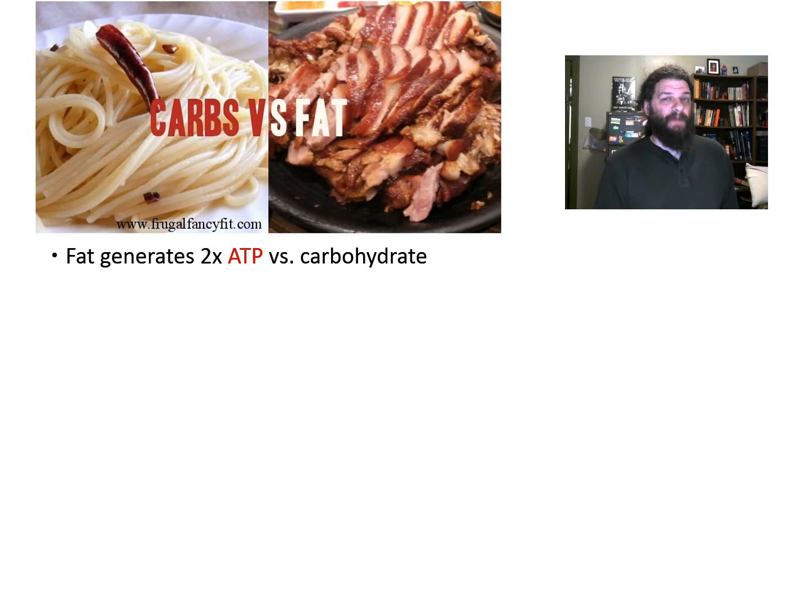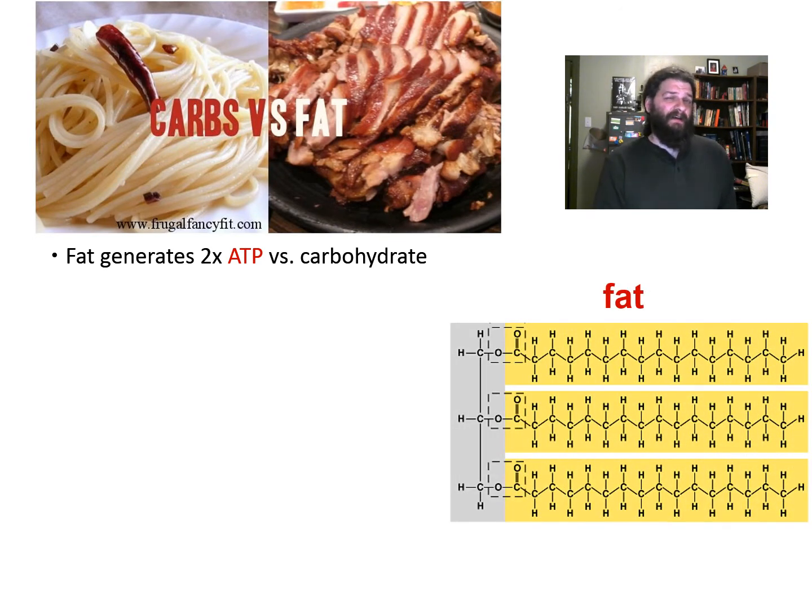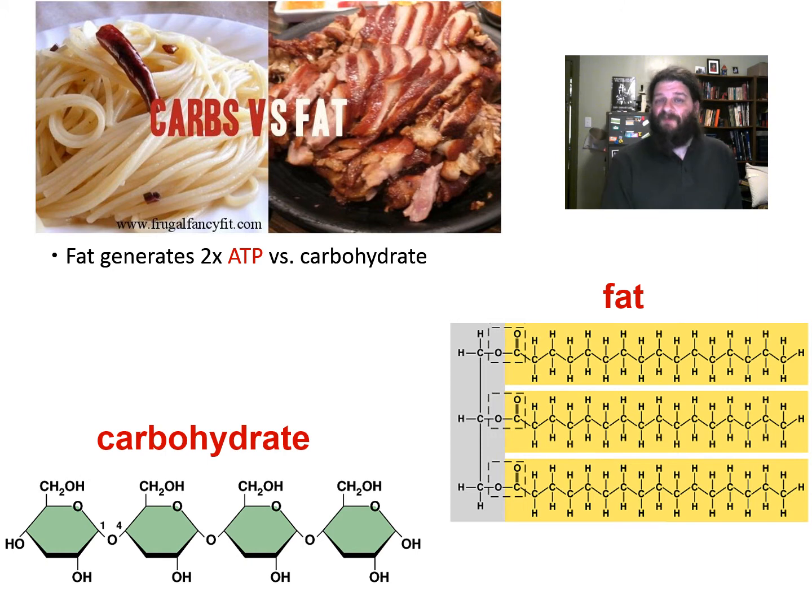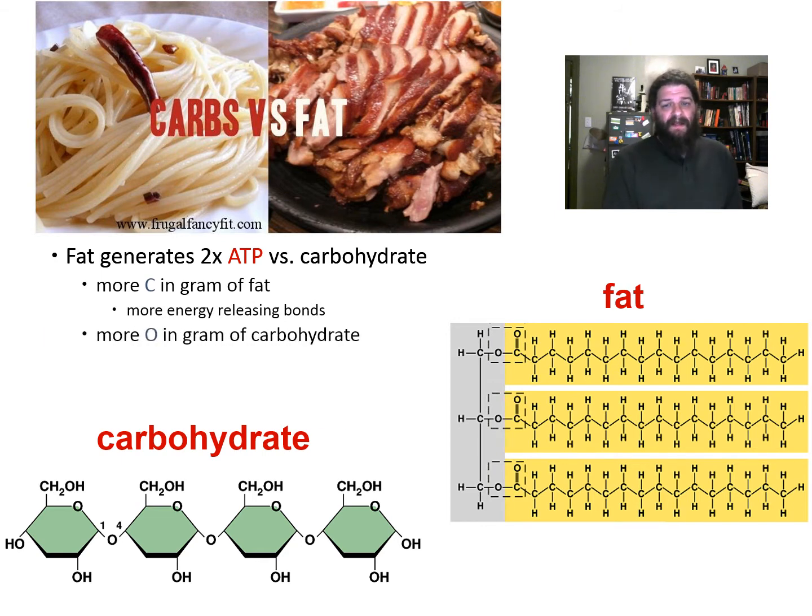Take a moment to compare my 2 favorite food groups, the carbs and the fats. Generally speaking, a gram of fat is going to yield about twice as many ATPs as a gram of carbohydrates. And this is because there are more carbon-carbon bonds in fats than there are in carbohydrates. And that's really where we're going to find more energy.